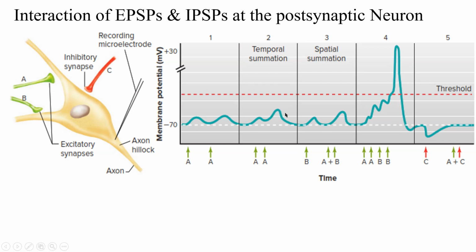It becomes stronger, right? Then B also, so B has how much here? This much it is causing. A and B together, this one. But when you are firing A and B repeatedly and both together, what will happen? They will cause an action potential. So when two are together and repeated, this time pattern is called temporal summation.